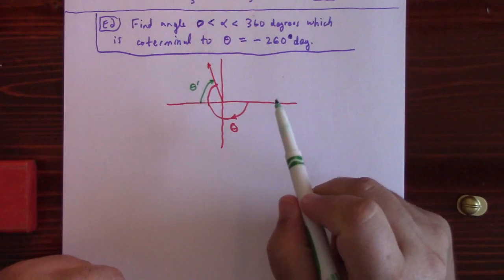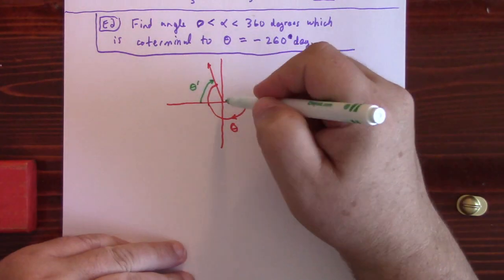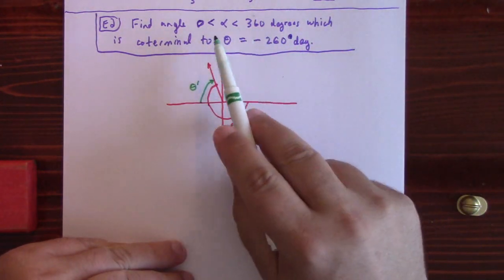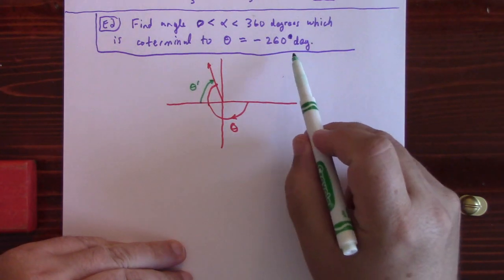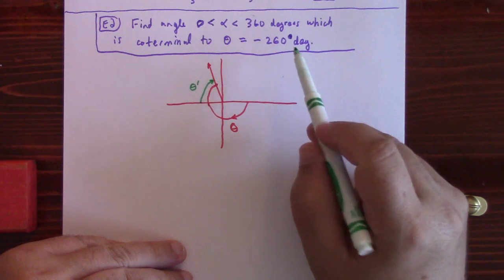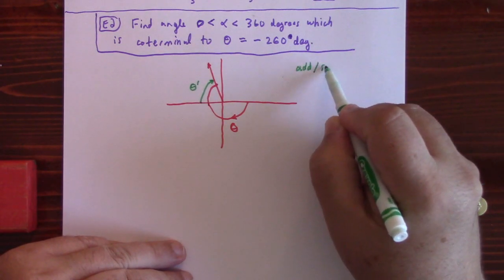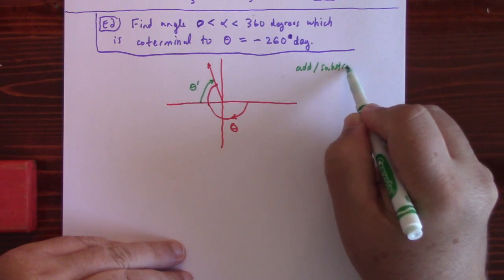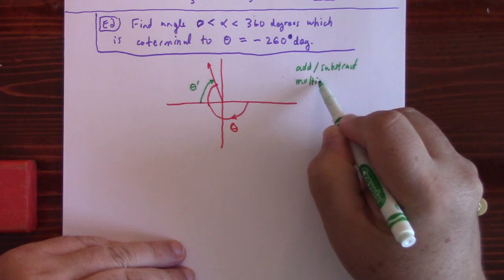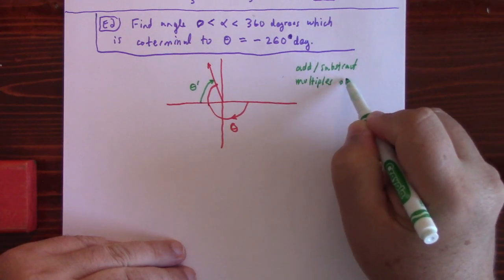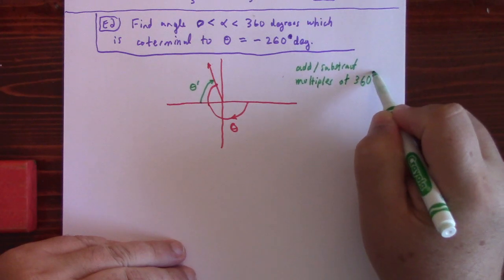Now, I'm supposed to find an angle coterminal between 0 and 360 to this minus 260. So the game we play is to add or subtract multiples of 360 until you fit in there, right?